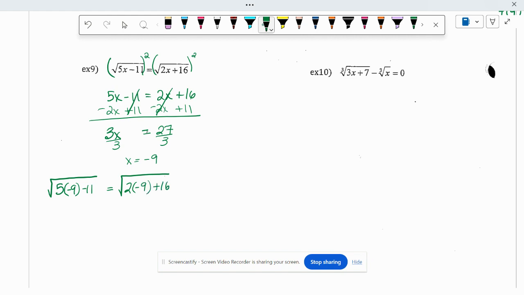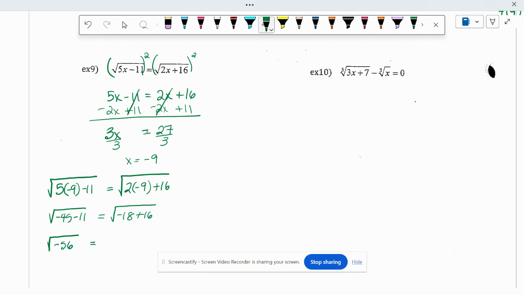Let's see, so 5 times negative 9, well, that's negative 45, minus 11 equals, let's see, the square root of 2 times negative 9, that's negative 18, plus 16. So I actually end up with negative 45 and negative 11 is negative 56.